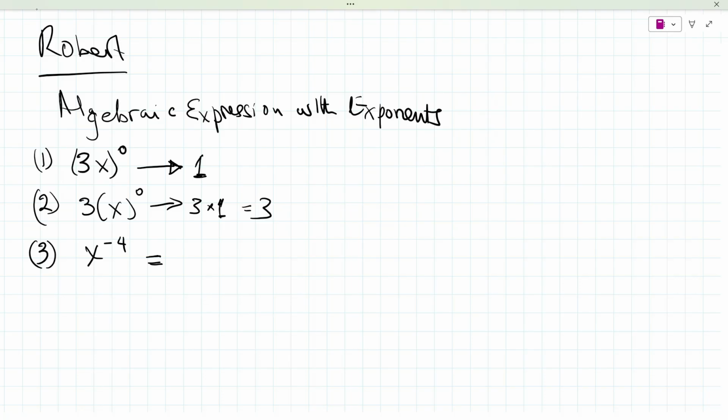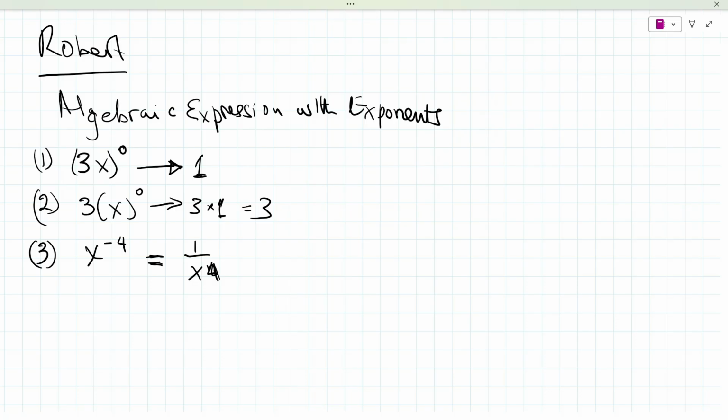It's always the reciprocal of this expression with a positive exponential value. So this is the same as 1 over x to the power n. We've seen this in our earlier courses, but in a future lesson, we will again try to prove how this turns into 1 divided by x to the power 4. Sorry, not n, but x to the power 4.